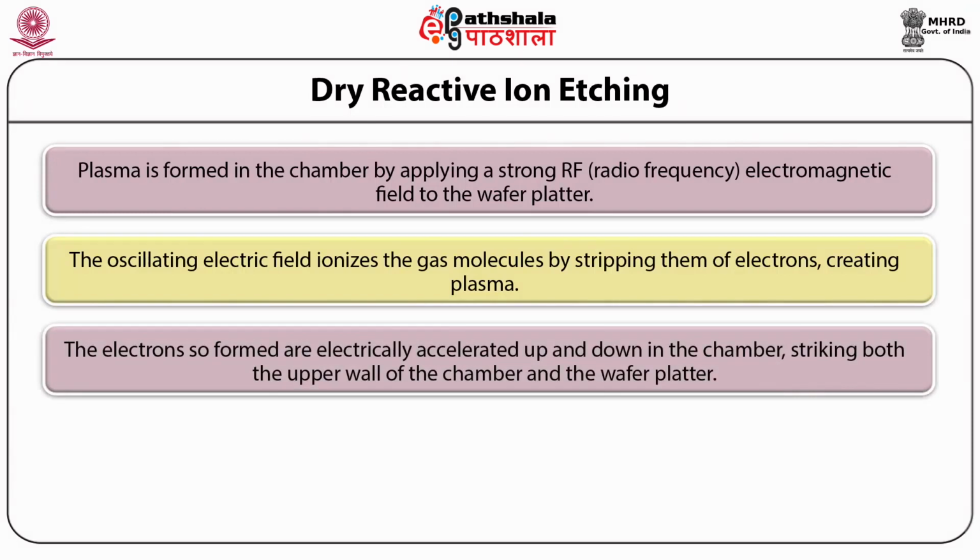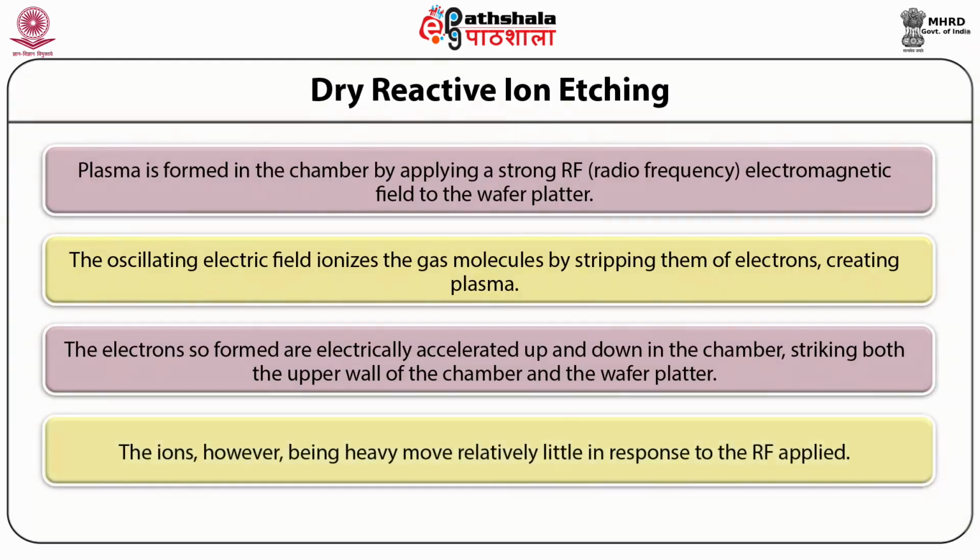The electrons so formed are electrically accelerated up and down in the chamber, striking both the upper wall of the chamber and the wafer platter. The ions, however, being heavy, move relatively little in response to the RF field.